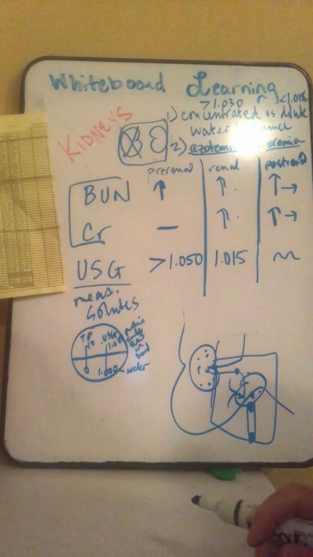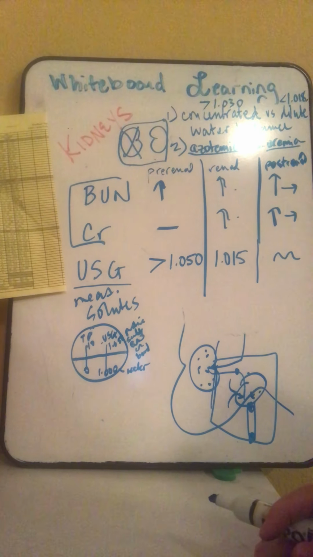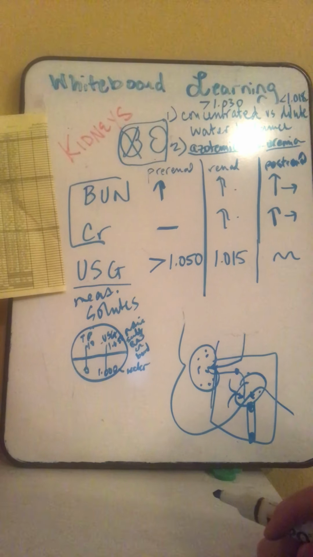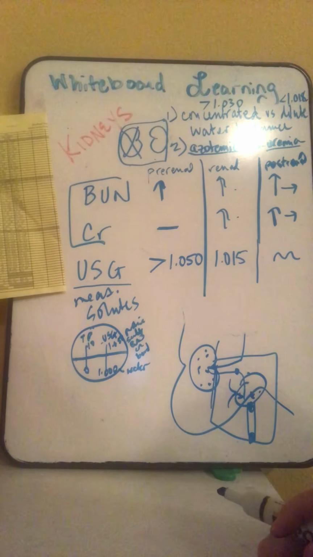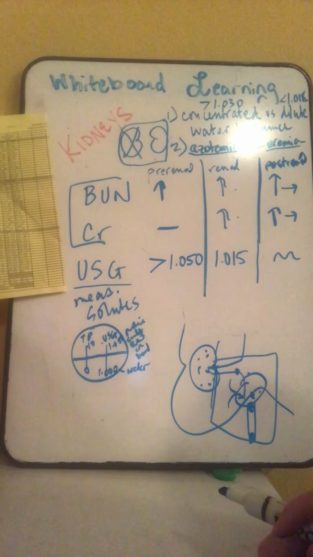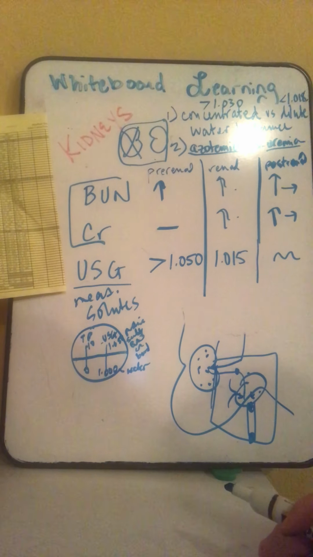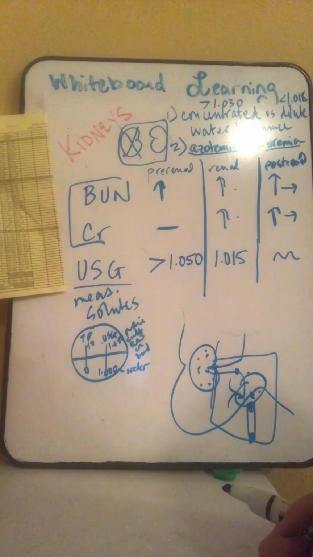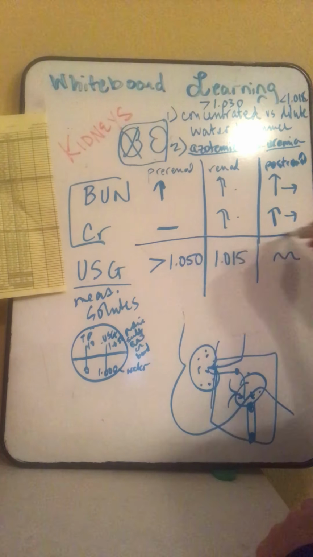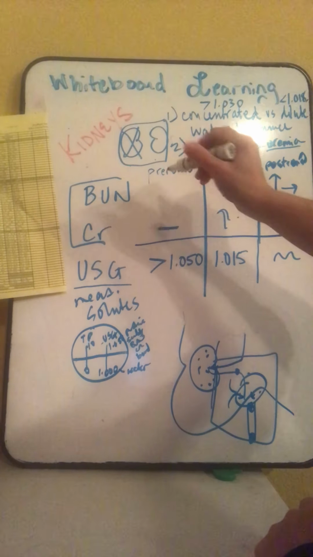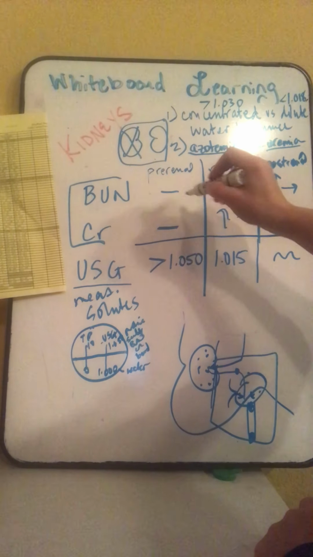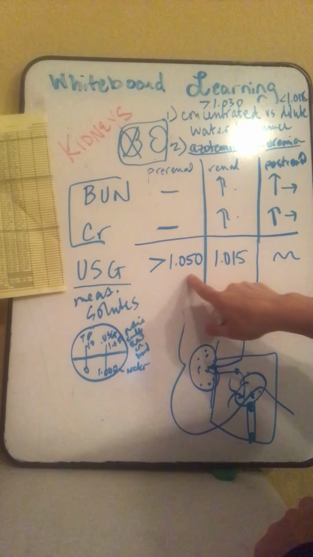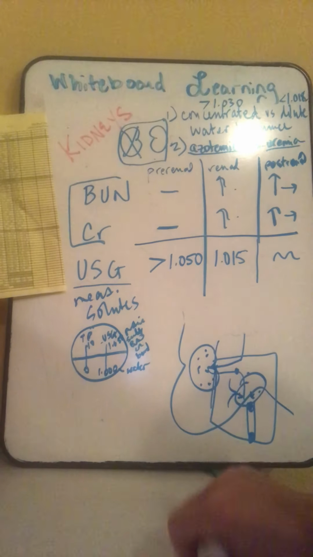So if you are doing a BUN and creatinine on an i-STAT and it is elevated, first off is how elevated is it? And second off is, do I need to get a urine specific gravity? Now some of you may be saying, oh, urine specific gravity, maybe now I understand why it's so important for us to get for all the toxin pets, because I might have normal kidney values, but if I don't know this number, I don't know where I'm starting.